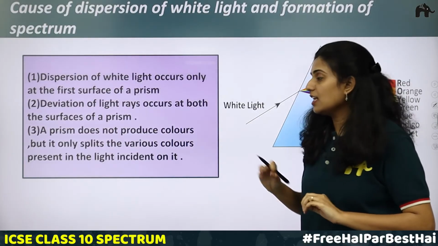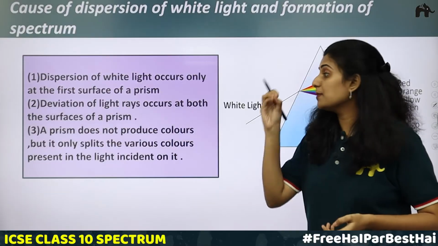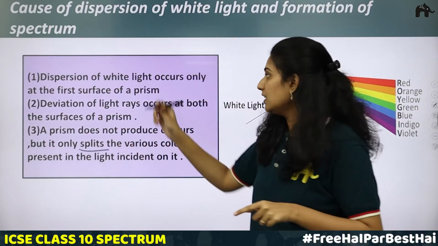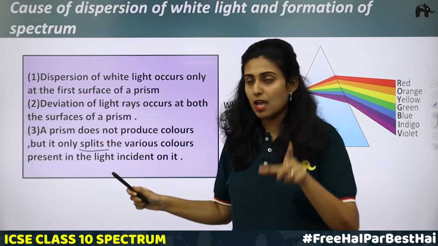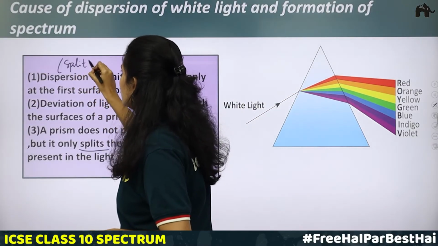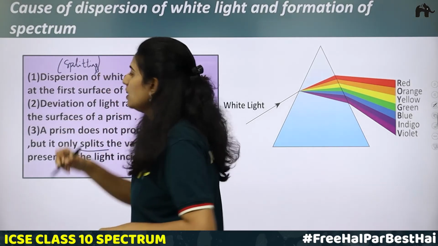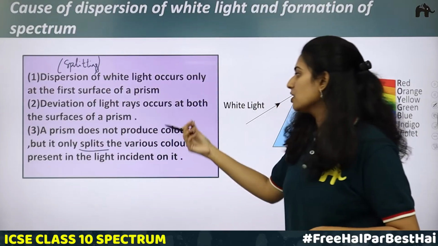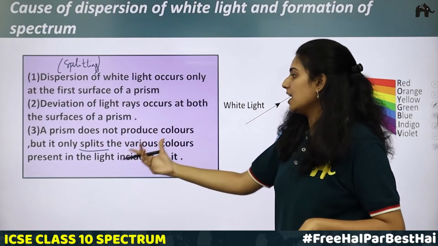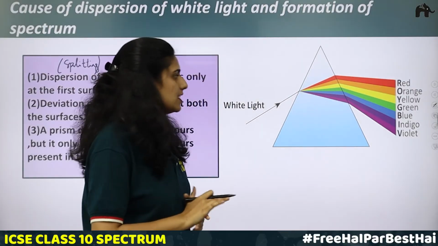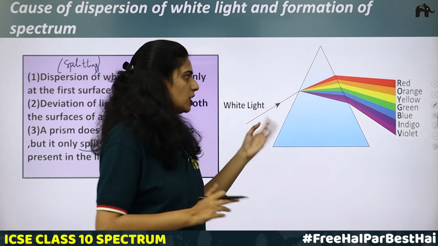So you cannot say that the prism is producing the colors, but the prism is actually splitting the colors. Dispersion happens only when there is splitting of light. Splitting should happen, only then can you say dispersion has taken place. The prism only splits the various colors present in the light incident on it. Clear? These are the causes of dispersion and the formation of spectrum.